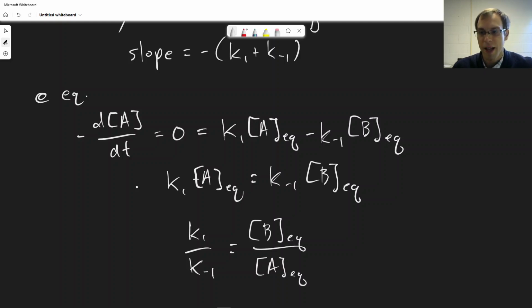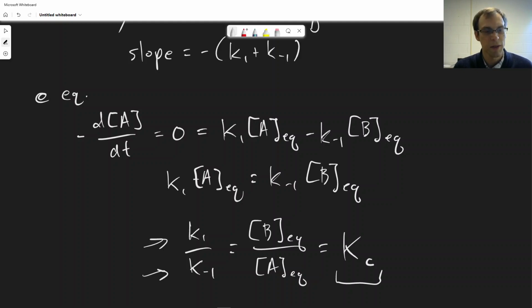But what we have on the right-hand side of the equation here is simply the equilibrium constant. So this is equal to the equilibrium constant. And so now we have a relationship where if we know the equilibrium constant for the reaction, we can then figure out what are the specific values of k1 and k minus 1. So these three values are directly related to each other.